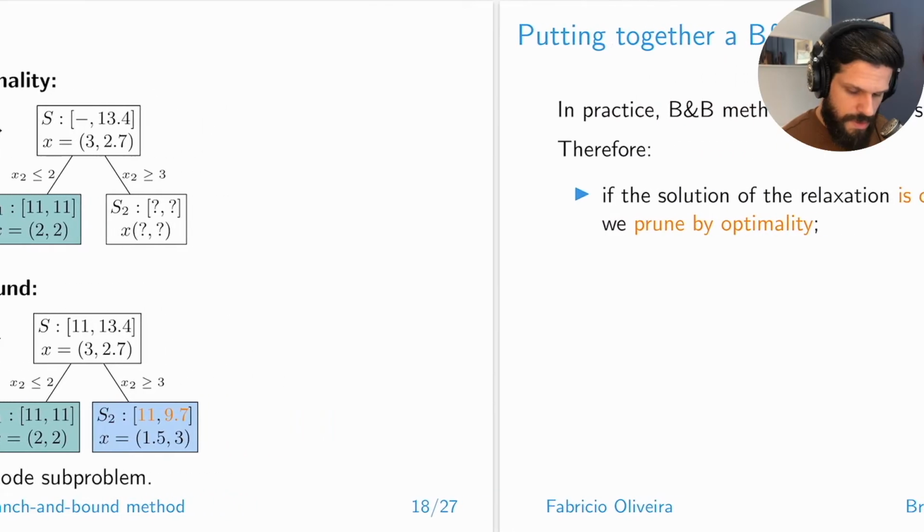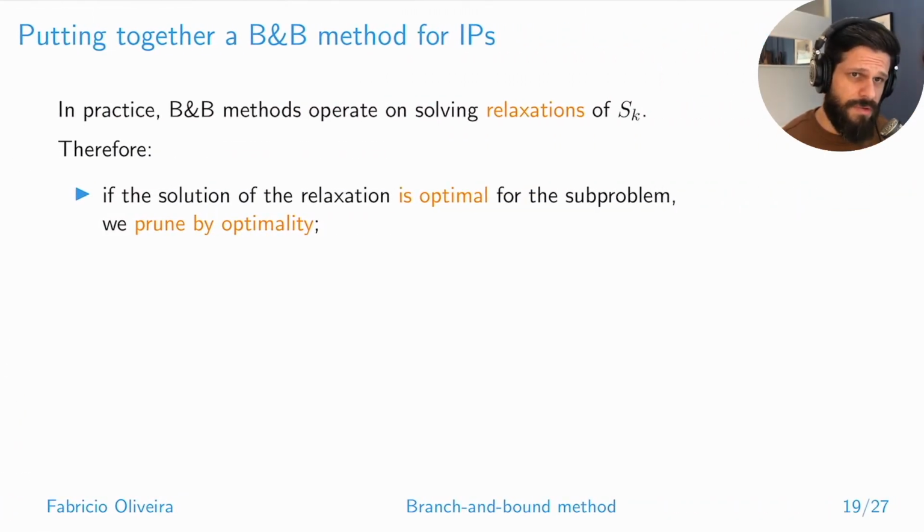So one thing that you might be asking yourself is where those constraints come from. So basically they are associated with branching bounds, specifically for IPs using LP relaxations. Before we go there, just a summary of how we prune. We're solving these relaxations on SK, and if the solution of the relaxation is optimal for the subproblem, we prune by optimality, meaning that it's not that it's optimal for the subproblem, but it's feasible for the original problem.